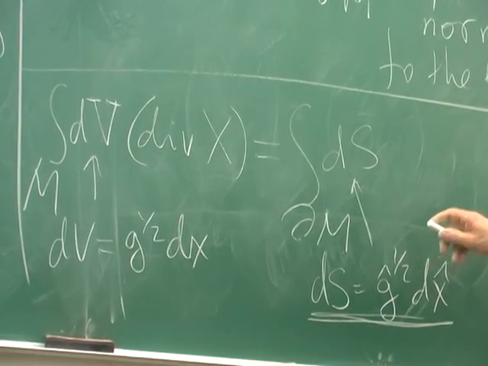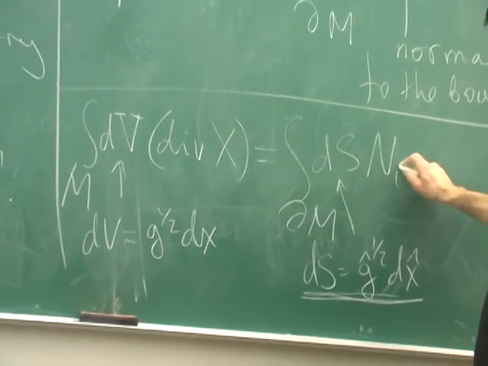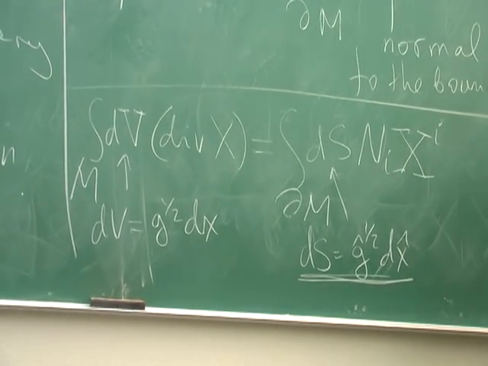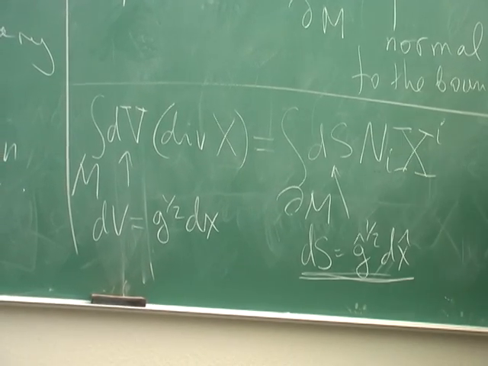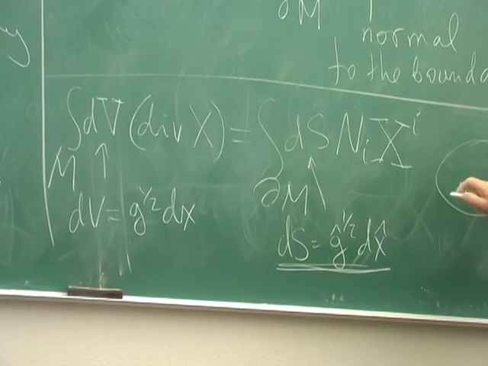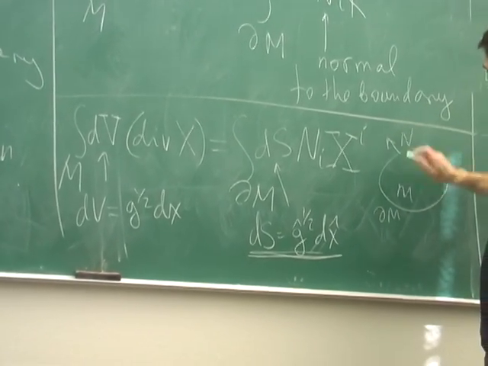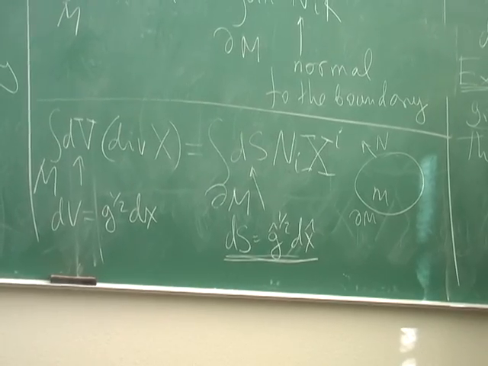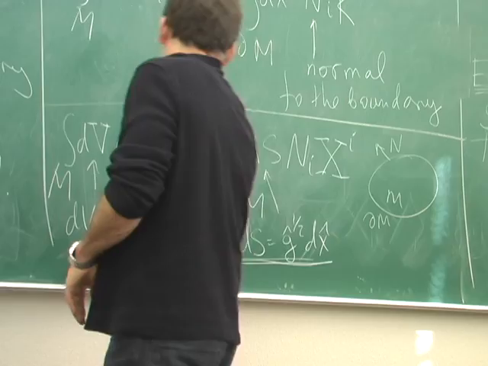And then here you get exactly this, where this is the normal to the boundary. Well, this is your M, this is your boundary, and that's what is M. Okay, so that's the formula.